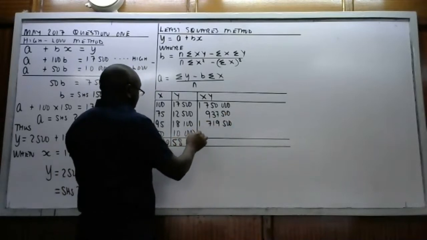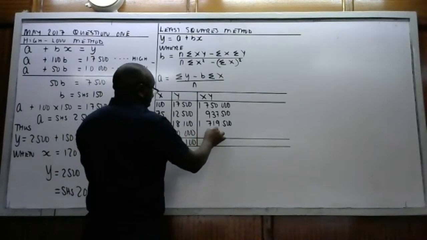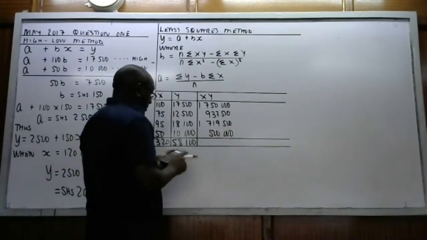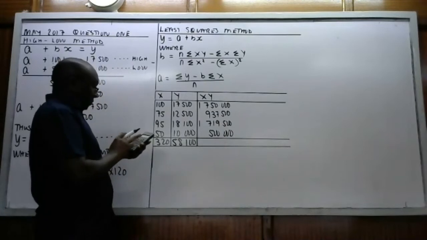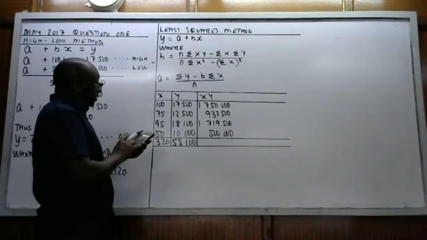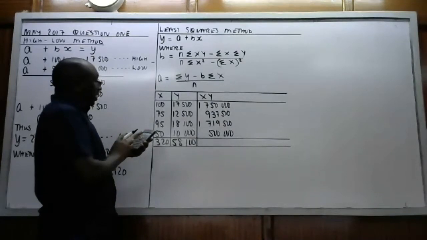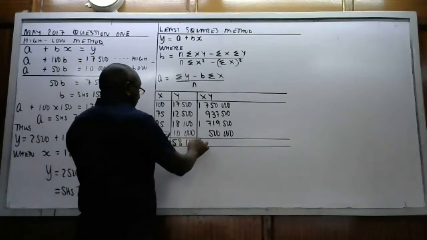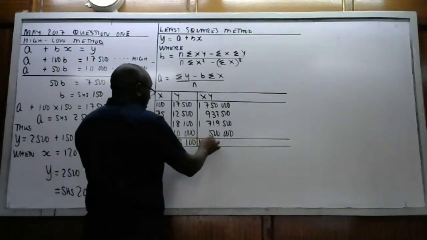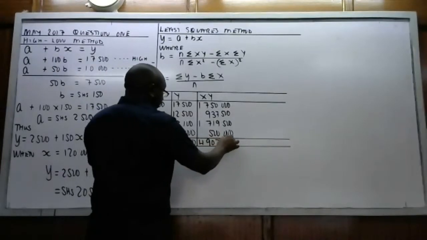And then this is 500,000. So plus 500,000 plus 937,500 plus 1,750,000. You're getting 4,907,000.